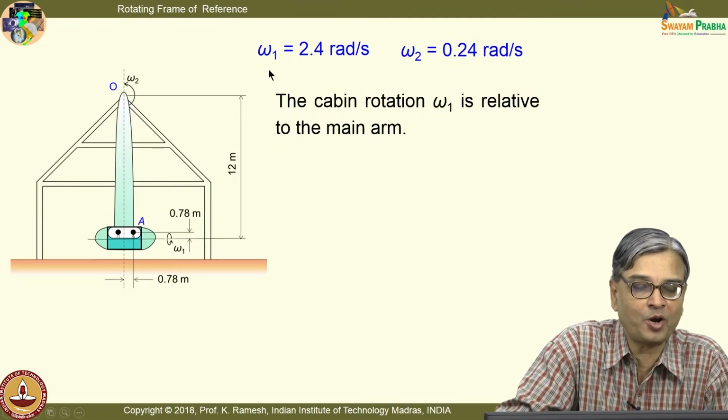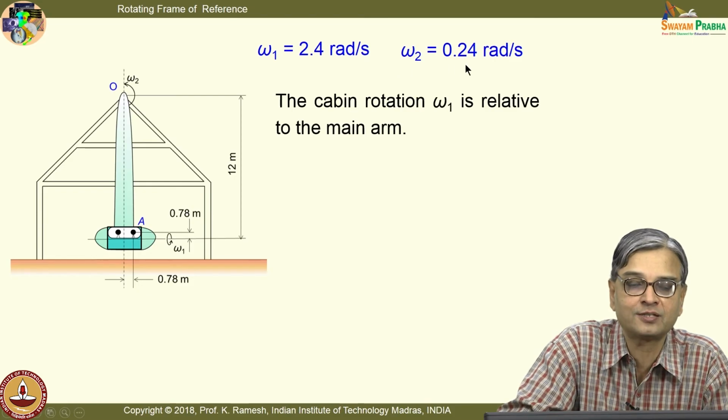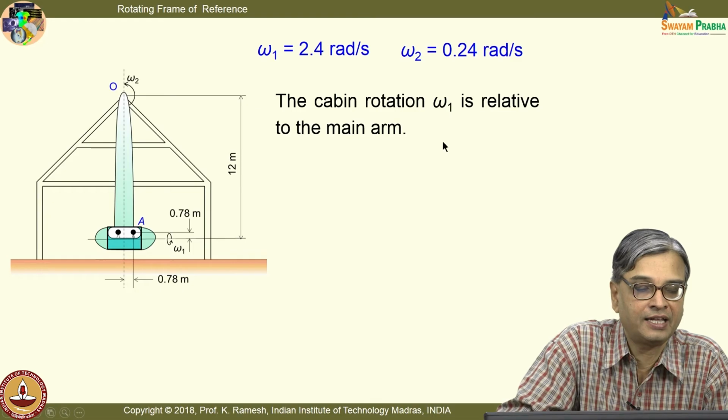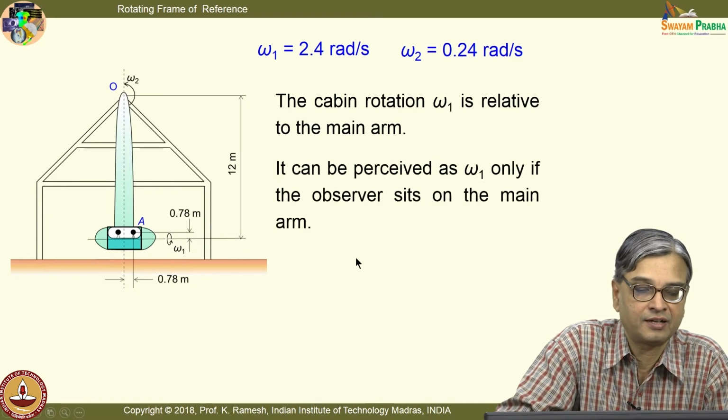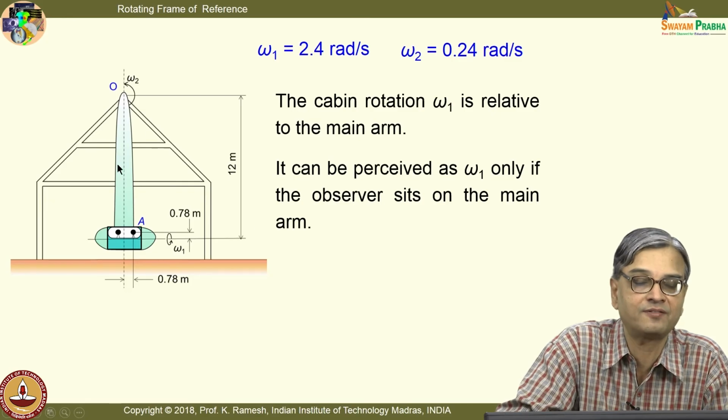So, you are given in the problem situation omega 1 equal to 2.4 radians per second and omega 2 is 0.24 radians per second. And here again the axes are simple. It can be perceived as omega 1 only if the observer sits on the main arm. Only if the observer sits on the main arm will he observe this as omega 1.